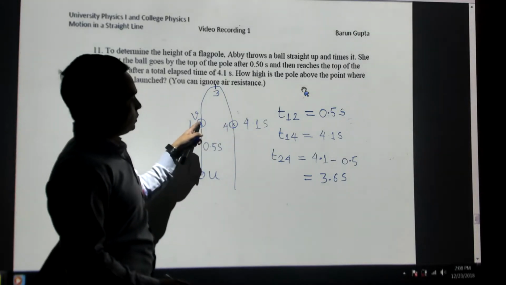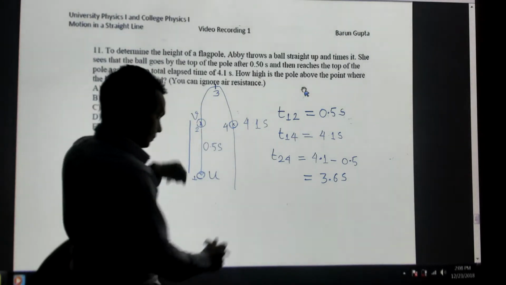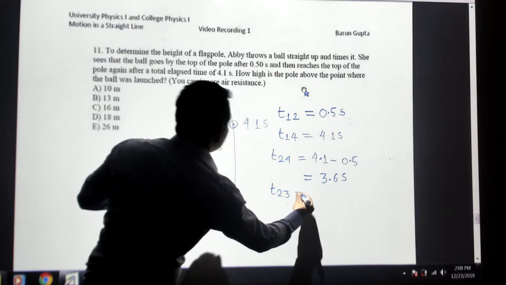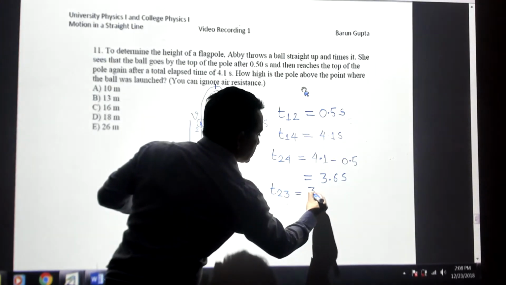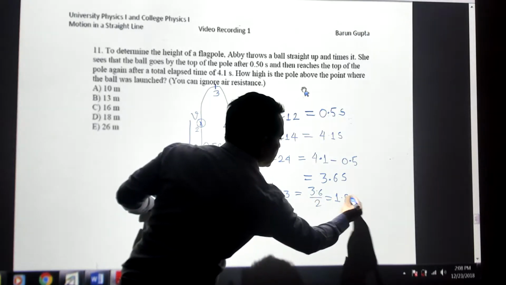From point 2 to point 3, it takes half of this time. So the time from 2 to 3 is 3.6 seconds divided by 2, which is 1.8 seconds.